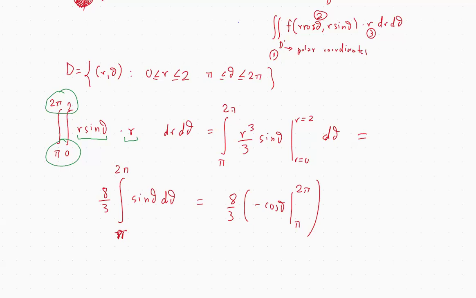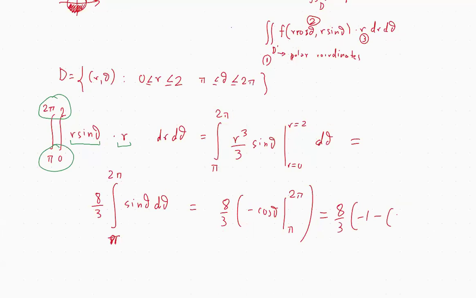So we will have negative 1 minus, and what is negative cosine of pi? Negative cosine of pi is negative of negative 1, which is 1. So this will be negative 16 over 3.